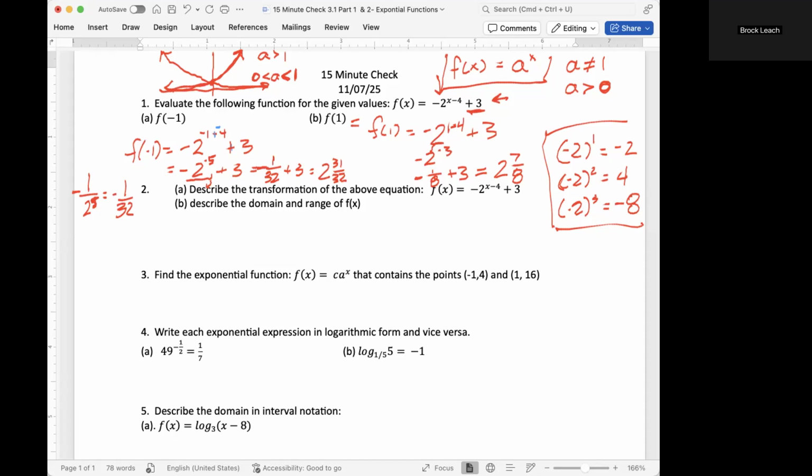All right, let's move to the next one. Describe the transformation. How is this particular function going to move around? What are the three different transformations that we have for this function? There are three different ones. See if you can isolate those and send them to me in the chat box. I'll give you a minute.